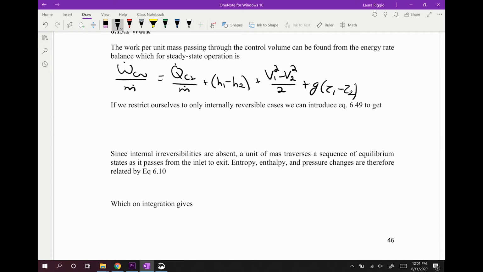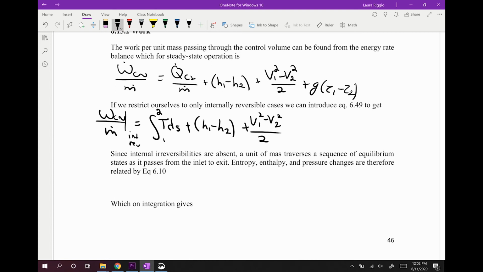If we only restrict ourselves to internally reversible processes, we can say that our work is equal to the integral from 1 to 2 of TdS plus our change in enthalpy plus our change in kinetic plus our change in potential.